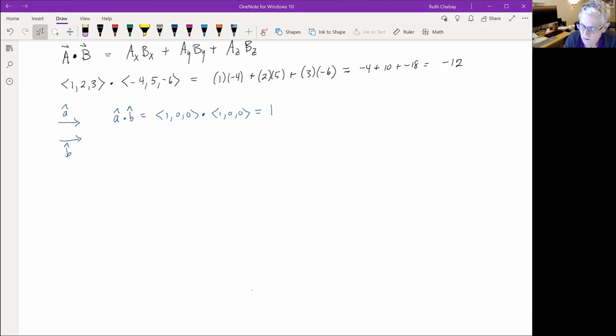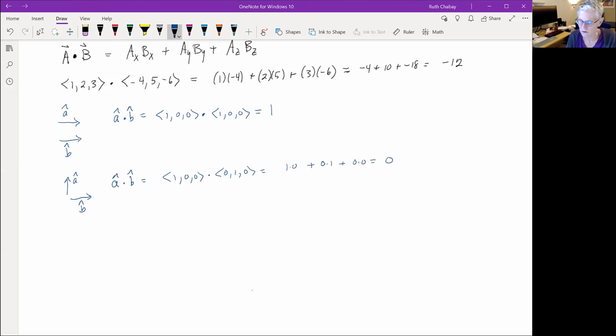Well, okay, what if they were in different directions? So let's make A hat go that way and B hat go that way. So now the dot product of A dot B is 1, 0, 0 times 0, 1, 0, which is equal to 1 times 0 plus 0 times 1 plus 0 times 0, which is equal to 0.